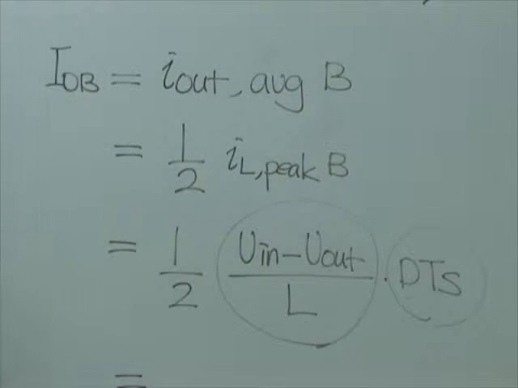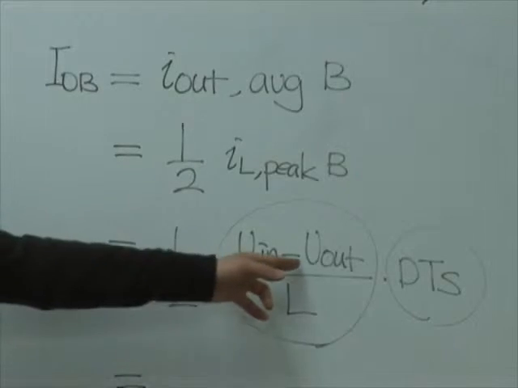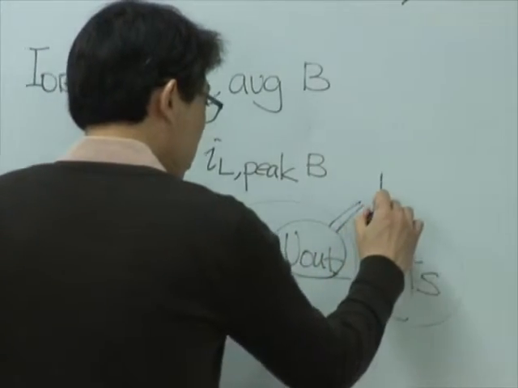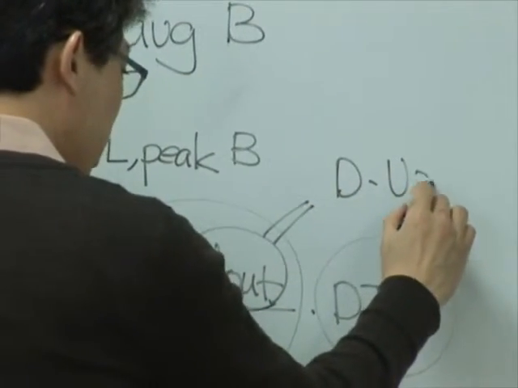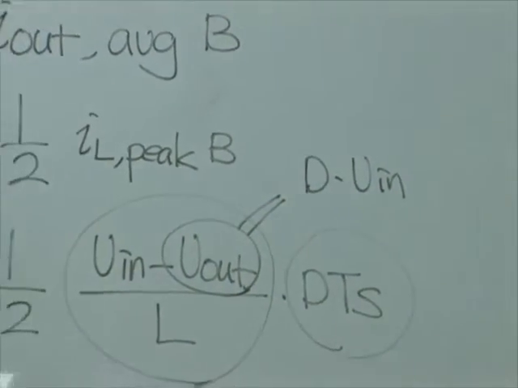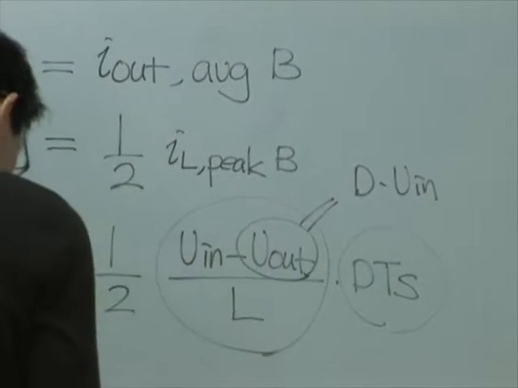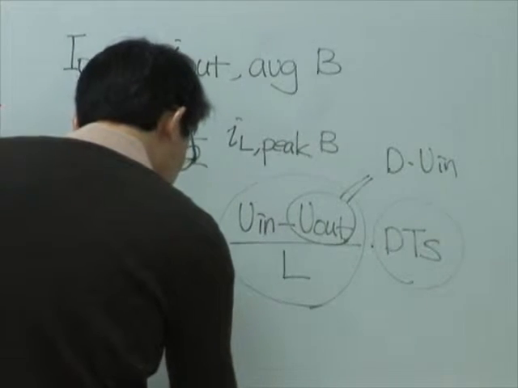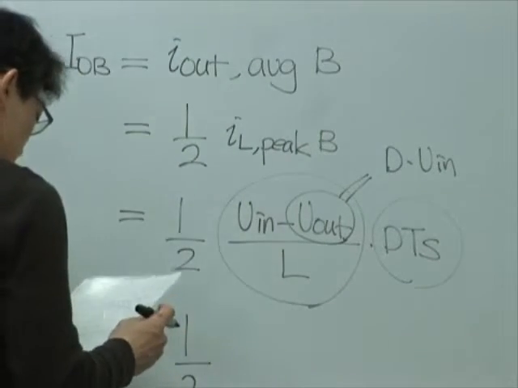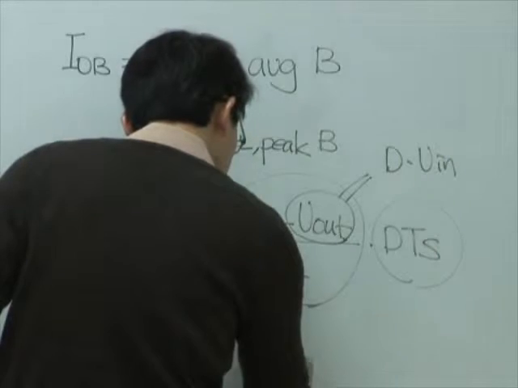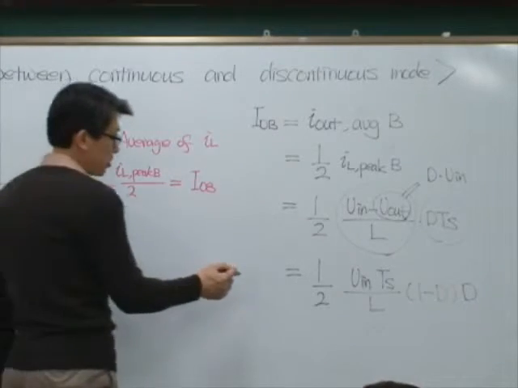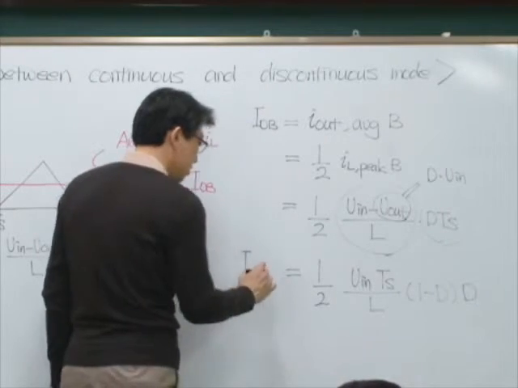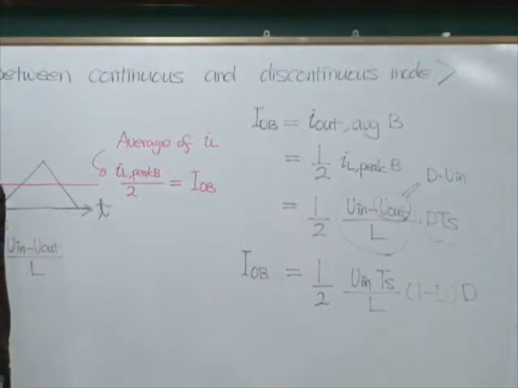And if we represent output voltage in terms of input, this output is now equal to duty times V input. So if we rearrange the terms in terms of input, then, so this is, what is this? Output current at the boundary. Okay, output current at the boundary.